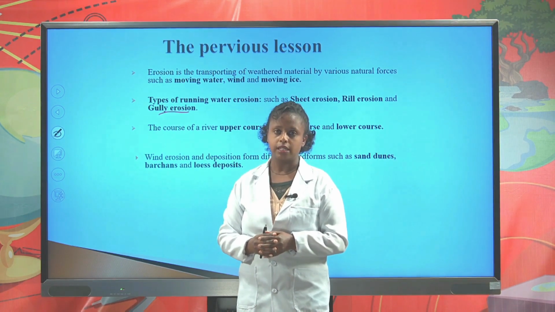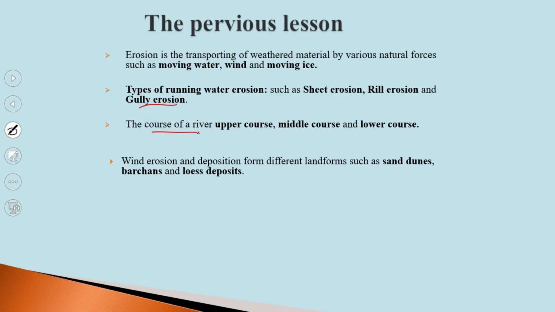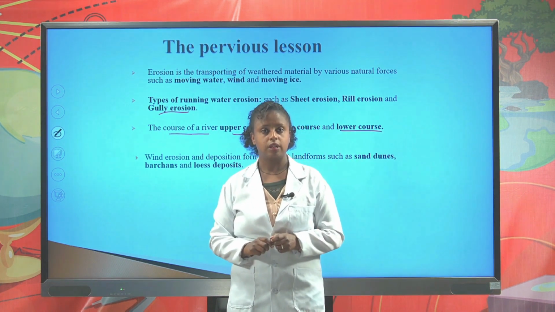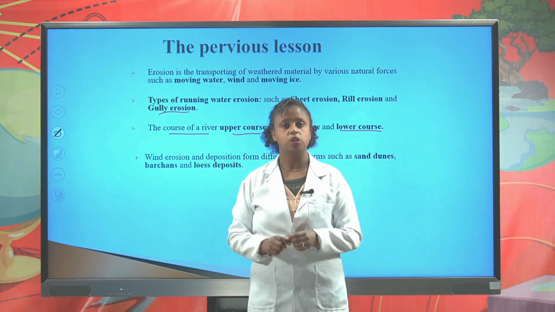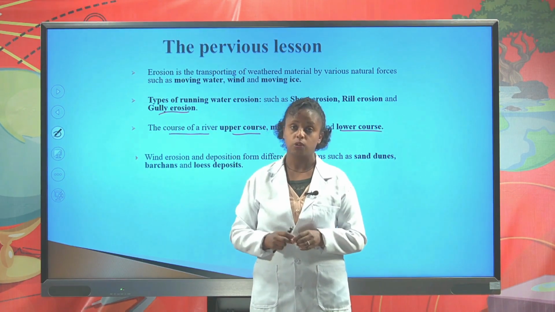In the previous lesson, we also discussed the course of the rivers. There are three courses of the river: upper course, middle course, and lower course. In the upper course, the flow of the river is very fast. It forms waterfalls, rapids, V-shaped valleys, and gorges.